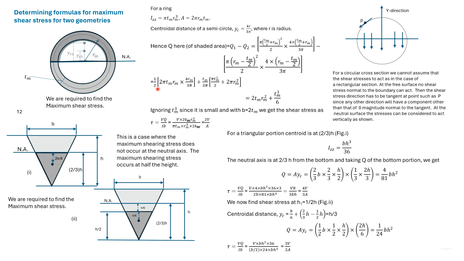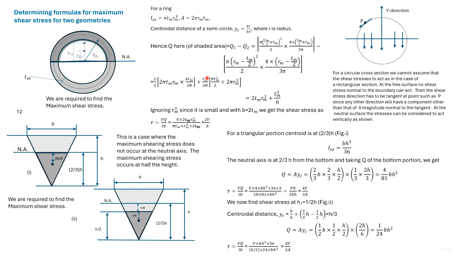Now the first term in this expression can be written as 4/3 Tm Rm squared. Multiplying this outer term with the second term within the bracket, we get 2/3 Tm Rm squared. Adding the two up, we get 2 Tm Rm squared.